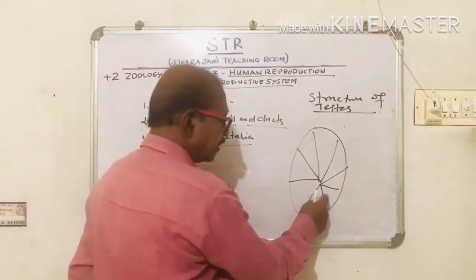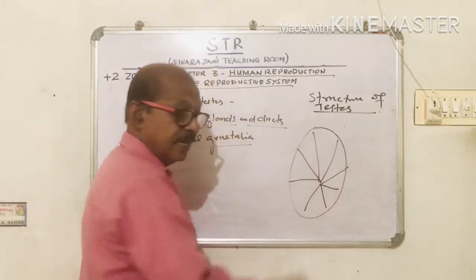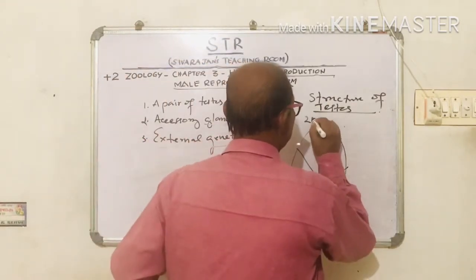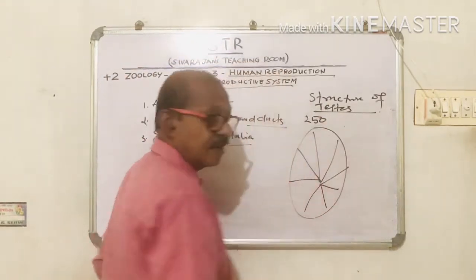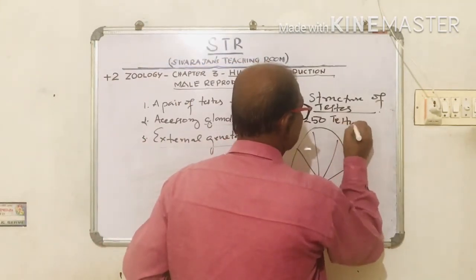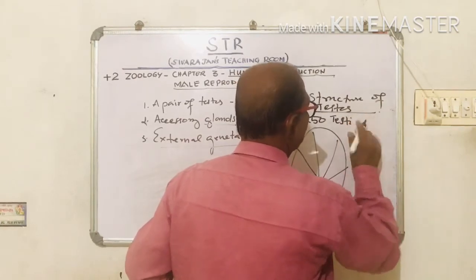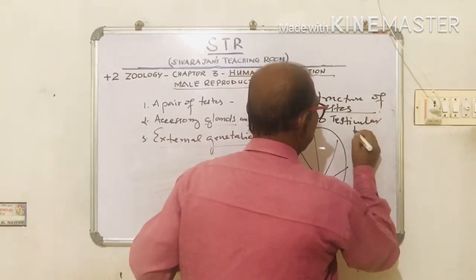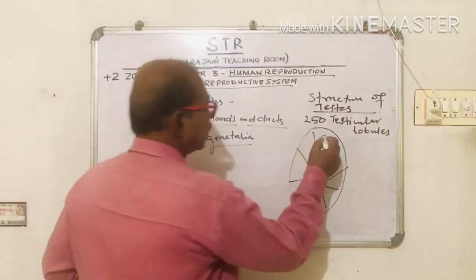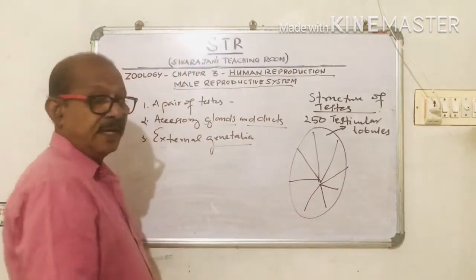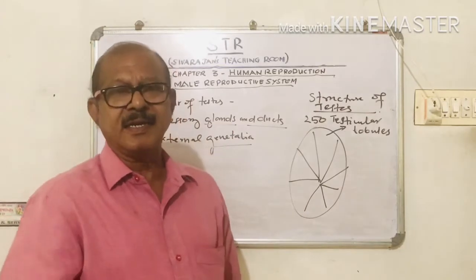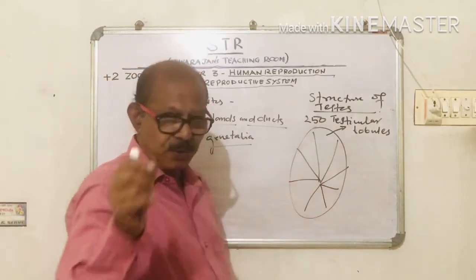So this is a compartment, this is another compartment, these are all compartments. Like this, each testis has 250 compartments. These are called testicular lobules. So this is a testicular lobule. Each testis has 250 small compartments in it, and each compartment is called a testicular lobule.